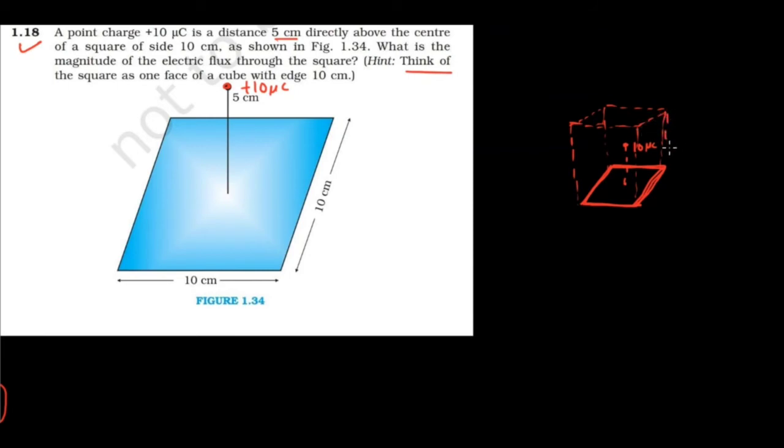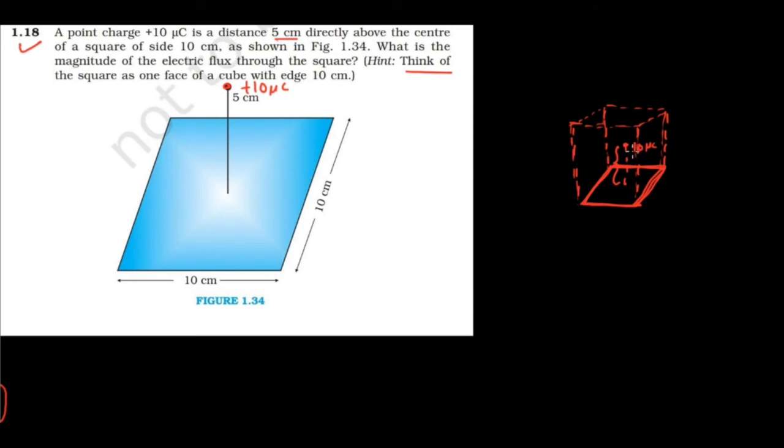If you construct a cube like this, then you can see that the charge 10 microcoulomb lies exactly at the center of the cube, and the cube is made from 6 faces. Each face is square and the side of the square is 10 centimeter. So this distance is 5 centimeter.